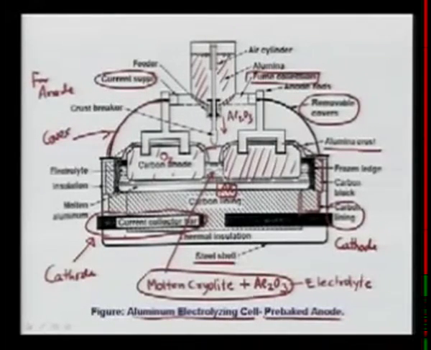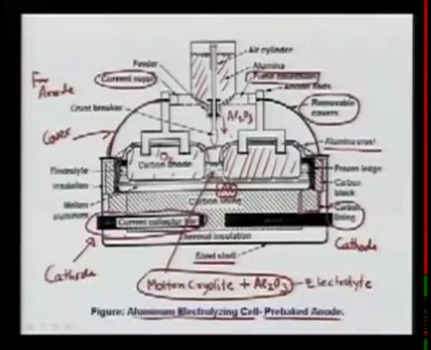It will become a little clear in a moment when I show you another picture. So here there is a lot of possibility of emissions occurring, because we have the high temperature. We also have some volatilization of the fluoride material, and these fluoride materials can tend to go out, especially the emissions are very large when the crust is broken, because the whole thing is opened up. As a result, there will be emissions.